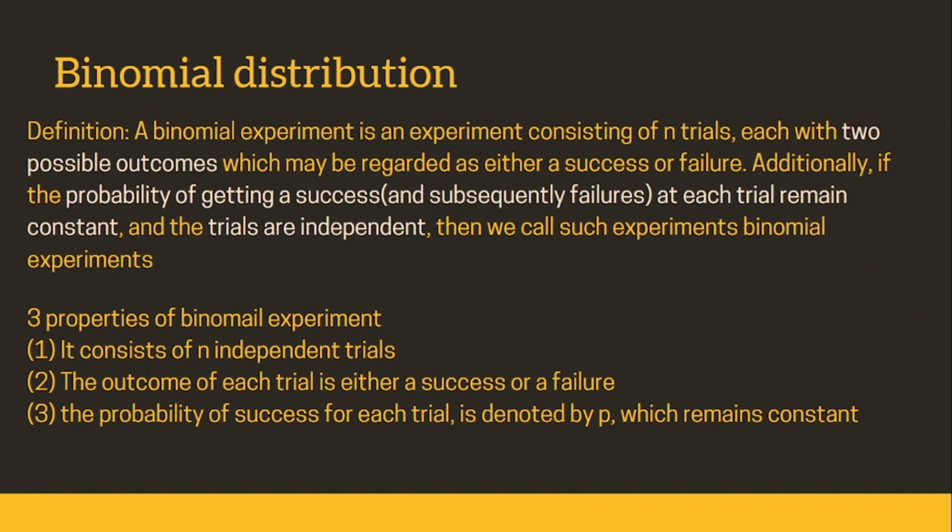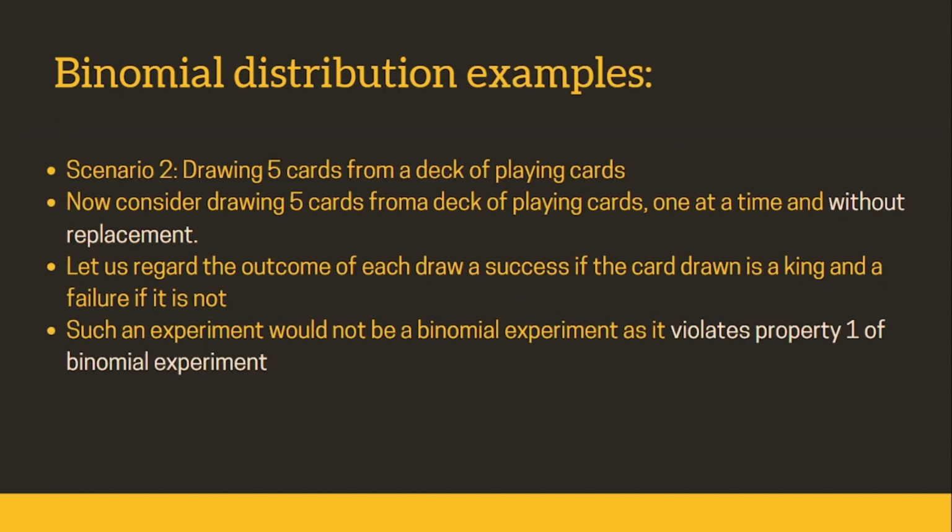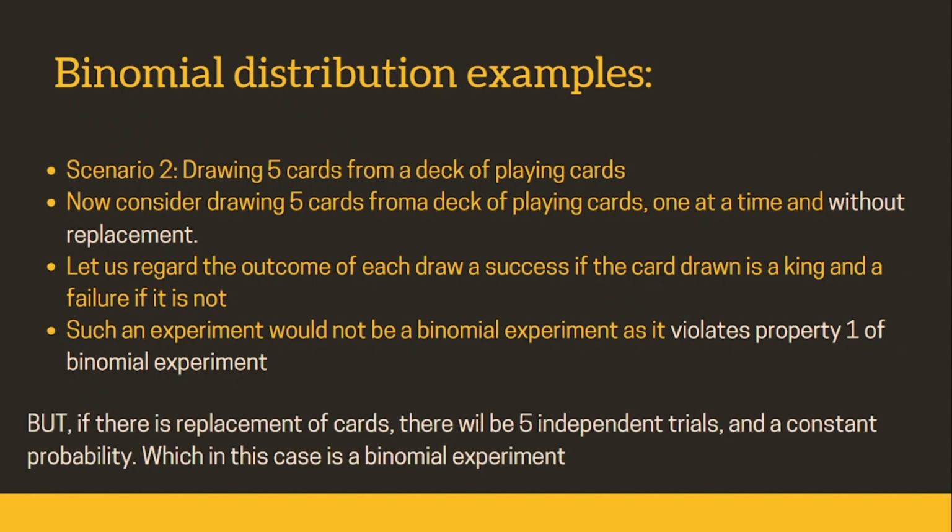And what happens is that the probability will change. And so this means that there will be dependence on each outcome. So that's why you cannot say that they are independent trials. And so this is not a binomial experiment. But if there's a replacement of cards, there will be 5 independent trials and a constant probability, which in this case will become a binomial experiment. Because then you have a constant probability and each draw will not be affected by the previous one.